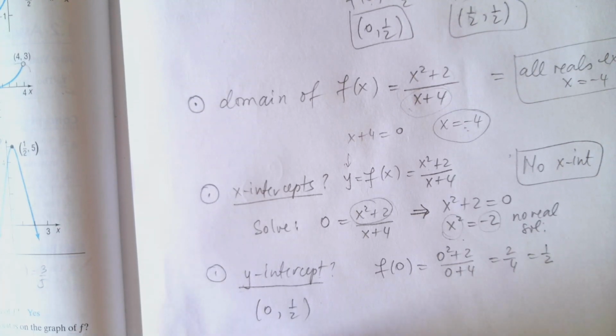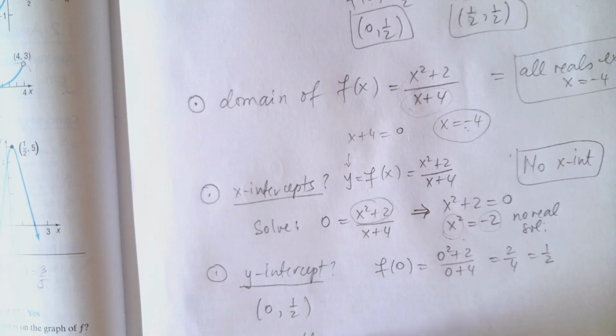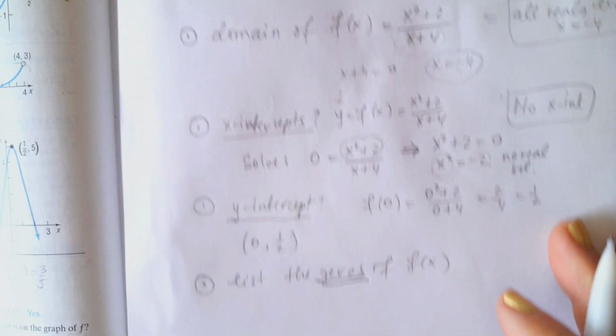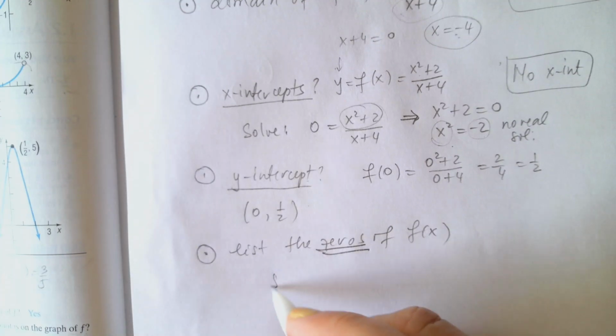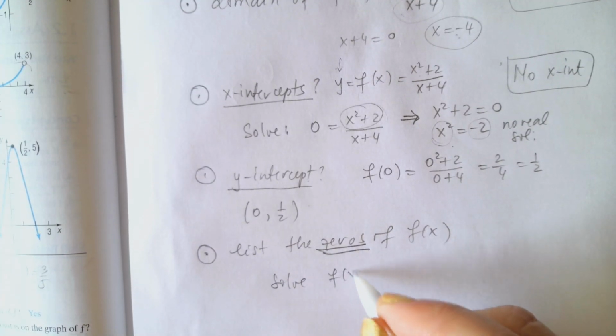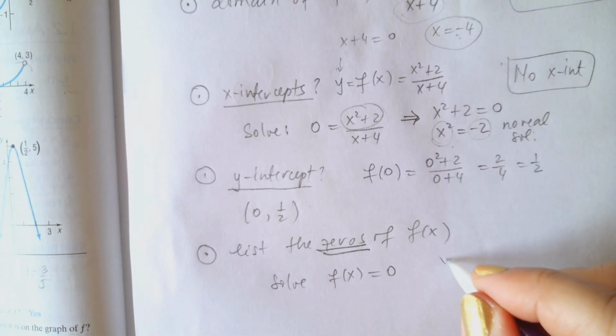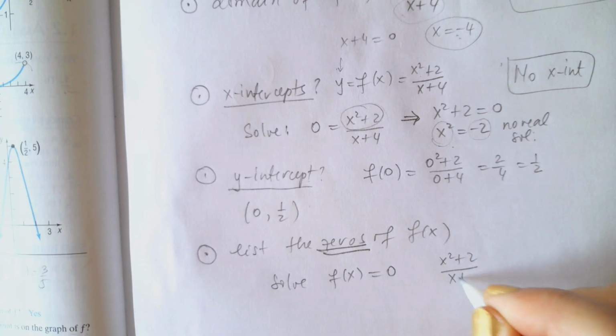The next question is, list the zeros of f of x. Remember that in order to find the zeros of a function, I have to solve the equation f of x equals 0. The solutions of this equation are the zeros of the function, but we tried that before. So f of x is (x squared plus 2) over (x plus 4) equals 0.